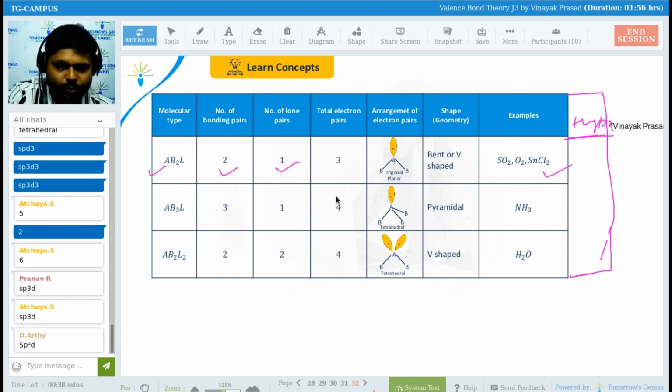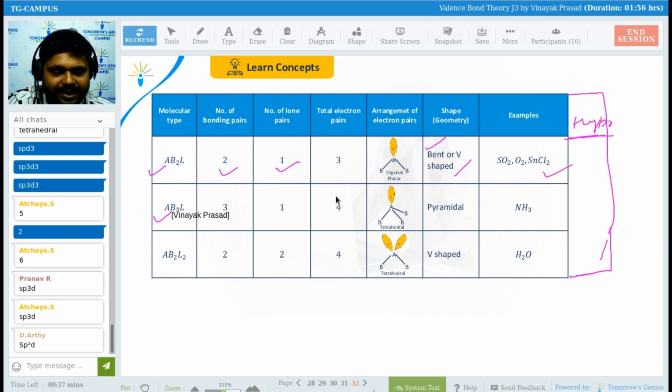So if there is AB2L type, the number of bonded atoms is 2, and 1 lone pair will be there. So the total number of electron pairs is 3. The shape will be either bent shape or V shape, and their geometry will be trigonal planar. Getting my point, everyone?